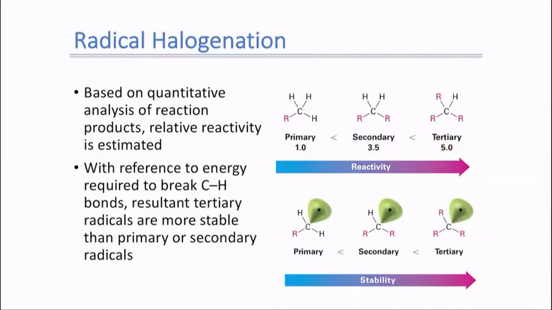And when we think about this, it kind of makes sense. Looking at our substitution patterns, during the course of the mechanism, the carbon forms a radical. When a carbon forms a radical, that carbon has less than 8 electrons. If it has less than 8 electrons, it's considered electron deficient. That's very similar to our carbocations.